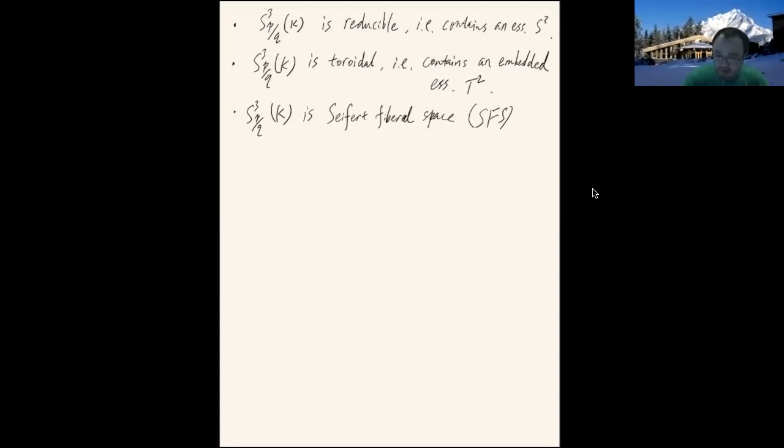I should say this contains the case where pi 1 of S3 P over Q of K is finite.